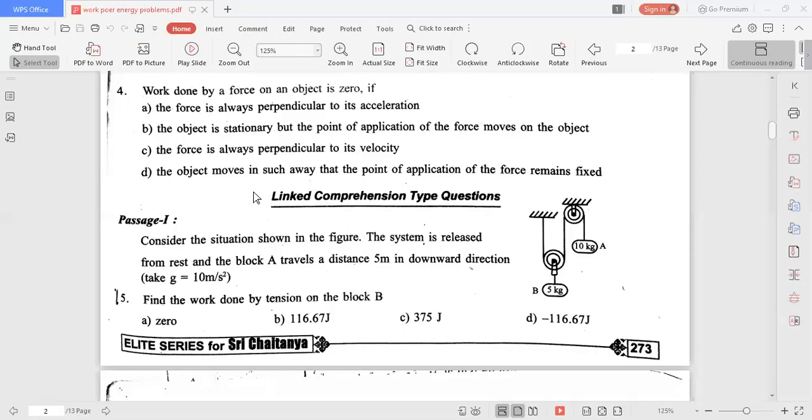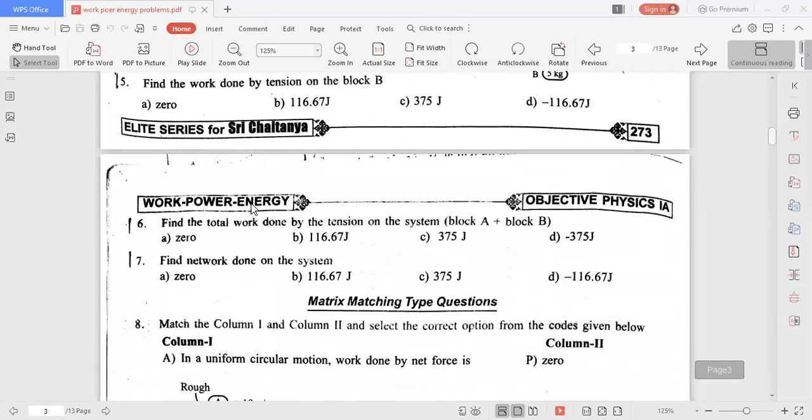Okay, now next problem. Sixth problem: find the work done by tension on the system, block A plus block B. Already this is the work done by tension on block B, no?